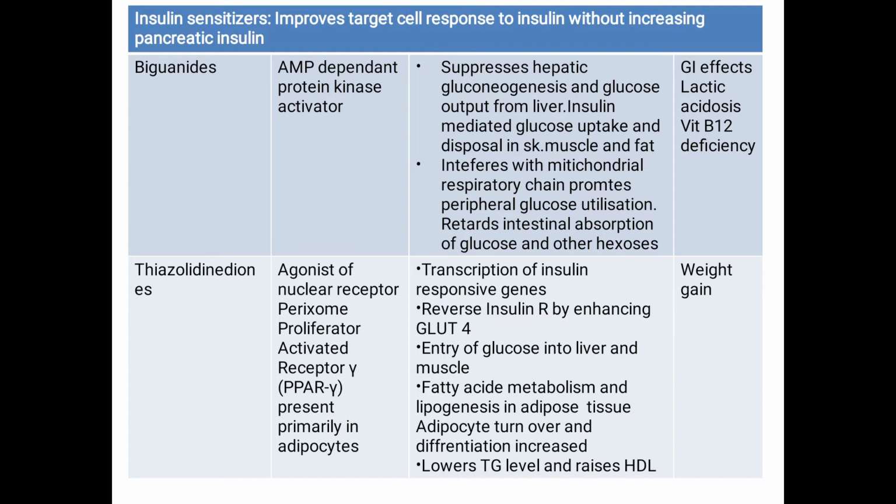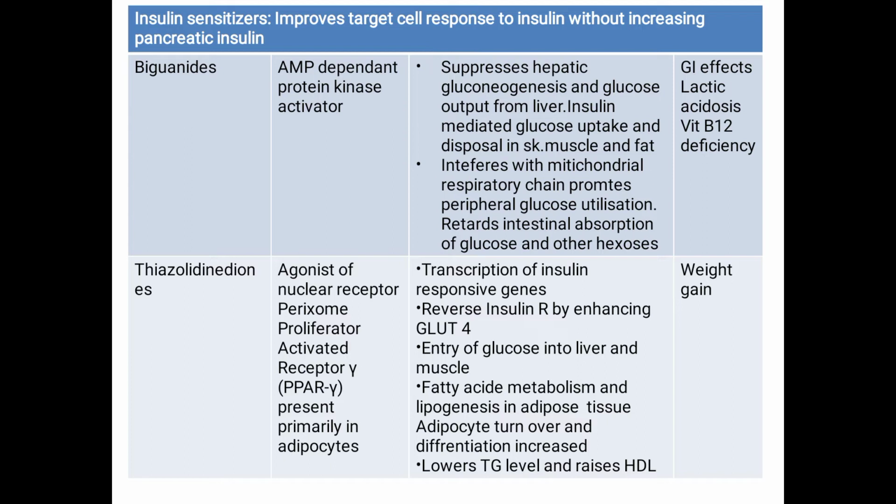What it will do, the insulin mediated glucose uptake and disposal in skeletal muscle and fat, it is going to promote that. And by interfering with the mitochondrial respiratory chain, it is going to promote peripheral glucose utilization. It will suppress the formation of new glucose, that is gluconeogenesis, and also glucose output from the liver.